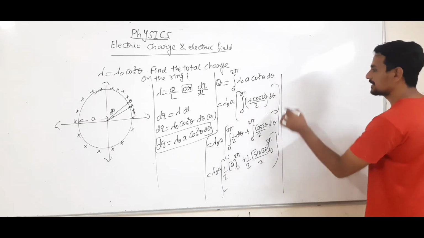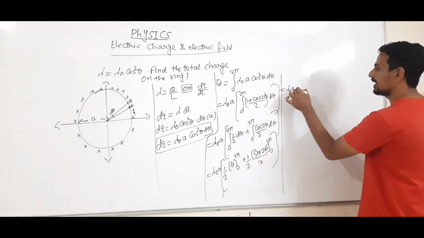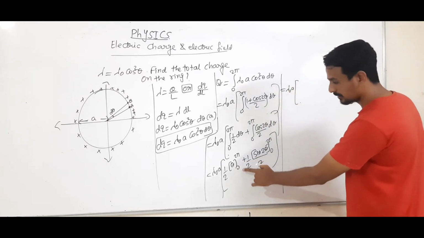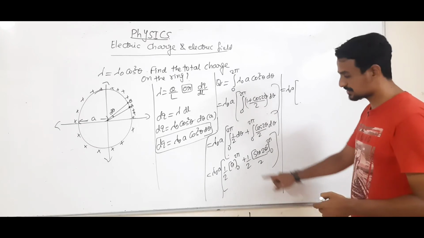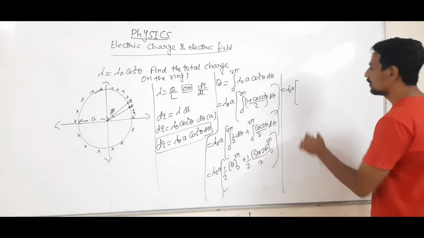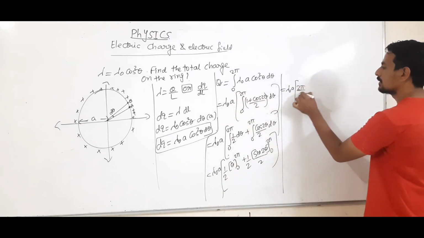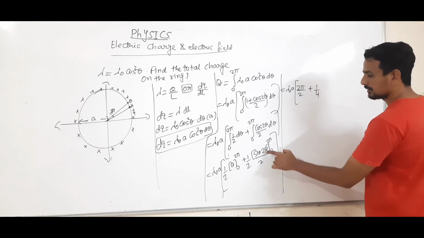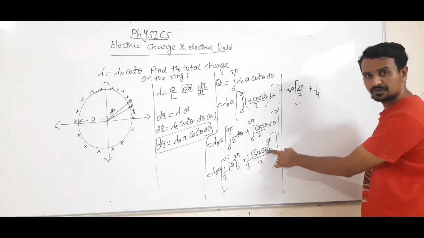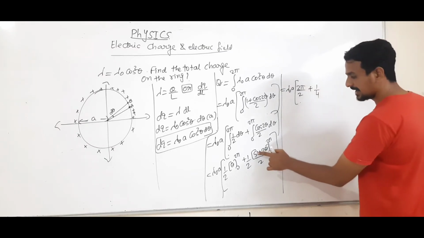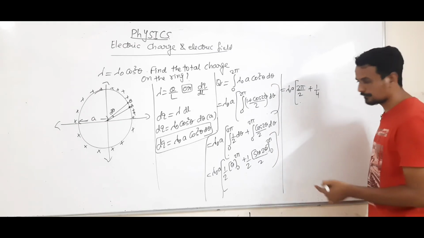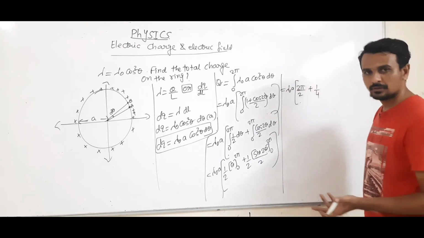Now let us place the limits. Lambda 0 a bracket, 2 pi minus 0, upper limit minus lower limit. So 2 pi minus 0, 2 pi by 2, plus 1 upon 4 sine, instead of theta we will place 2 pi. So this will be sine 2 into 2 pi, that is sine 4 pi. Sine 4 pi is 0.